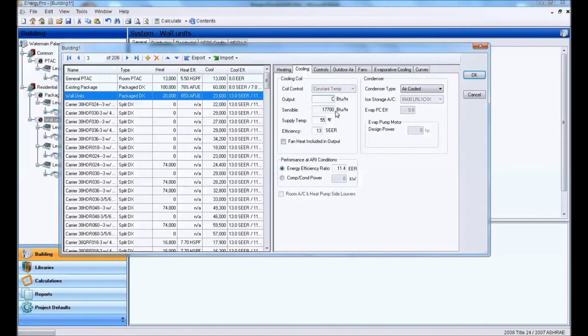Since I don't have any cooling on these units, I'm going to zero these out, and that gives me a non-applicable for my efficiency, so I can just leave that as 1, since it won't play into the calculations here.